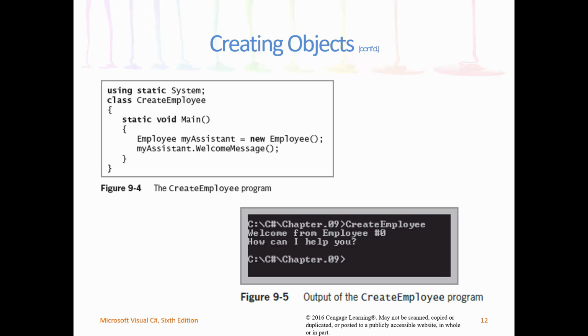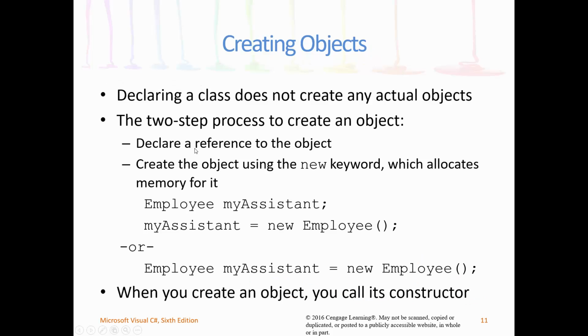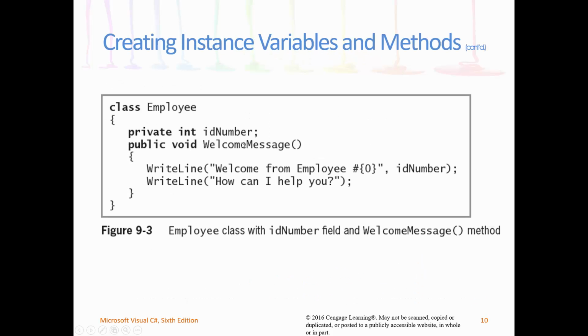So right here, notice what we have. It says employee my assistant equals new employee. Okay? And then my assistant.welcome message. Well, what is that? Now we're creating a brand new object, in this case called my assistant. And my assistant can call that method welcome message.